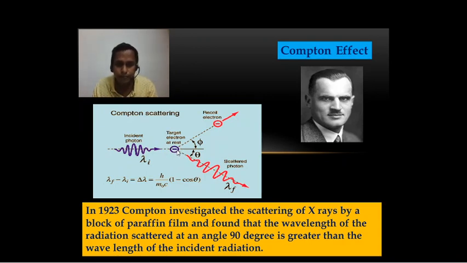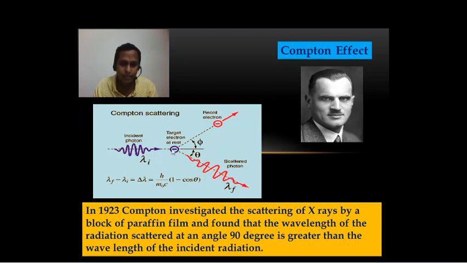After scattering, the electron gets energy from the incident photon and the remaining photon is scattered off with an angle theta. This incident photon has energy h nu and frequency nu, and we call its wavelength lambda I, the incident wavelength. This is a target electron which is at rest.